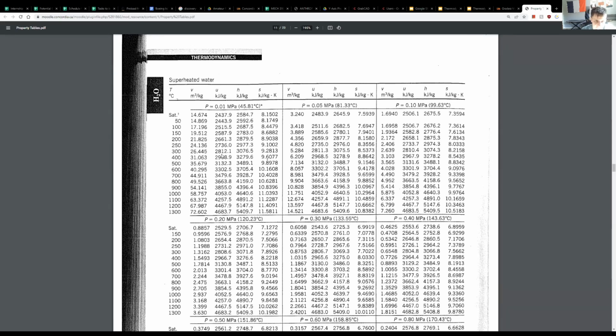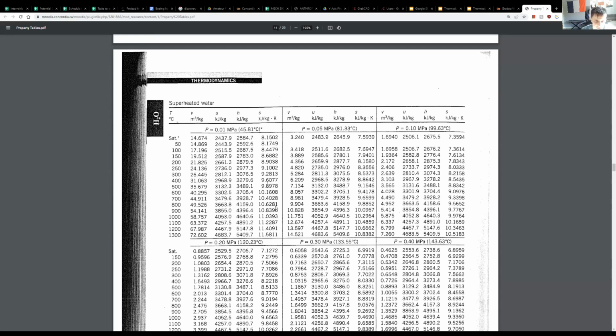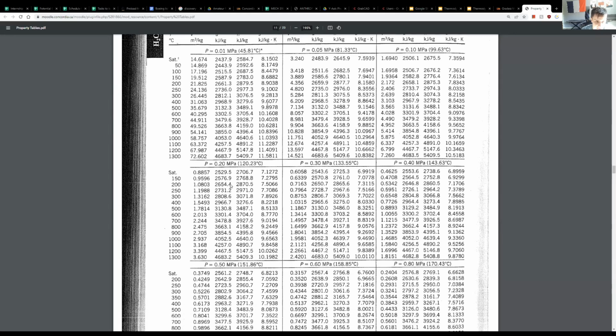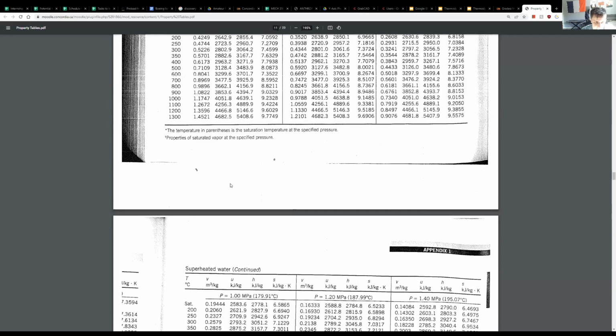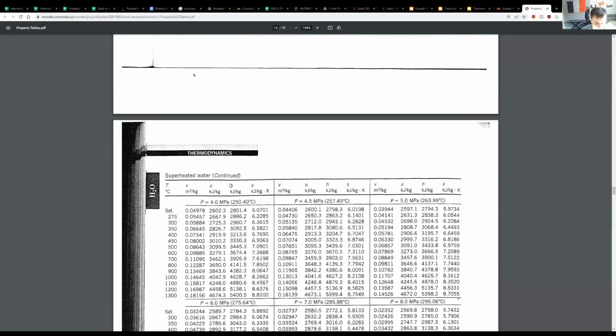Usually what they'll give you is somewhere obvious. If you were to study these tables, here is superheated water. You see that as the temperature rises, the specific volume rises. And as the pressure rises, the specific volume decreases. In this case. Okay, thank you.